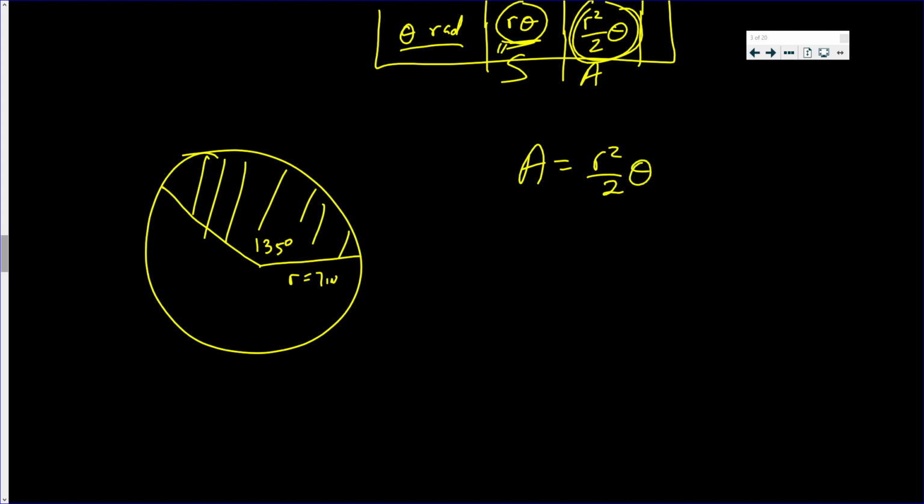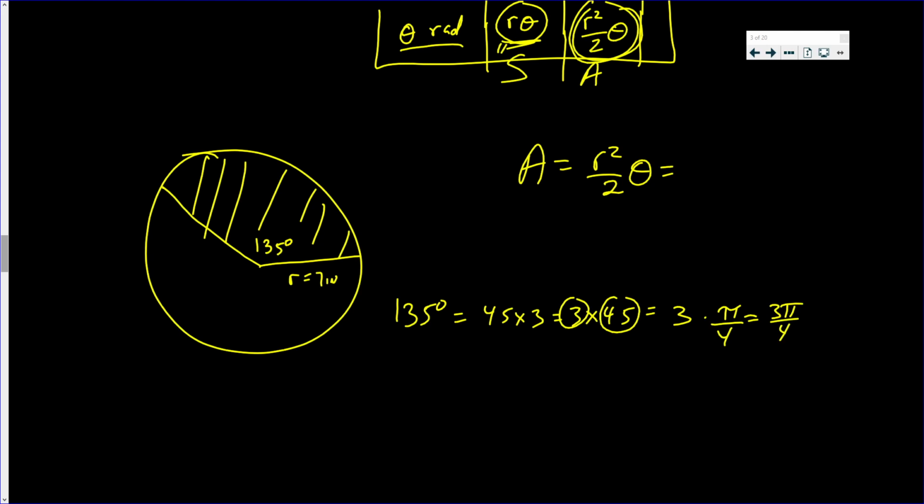Now, we don't quite have theta because it's in degrees. Well, what you need to realize is that 135 degrees is 45 times 3. And maybe I should have written it as 3 times 45. Now, pi is 180. And if you divide 180 by 4, you get 45. And we have 3 times that. That is, we have 3 pi over 4.